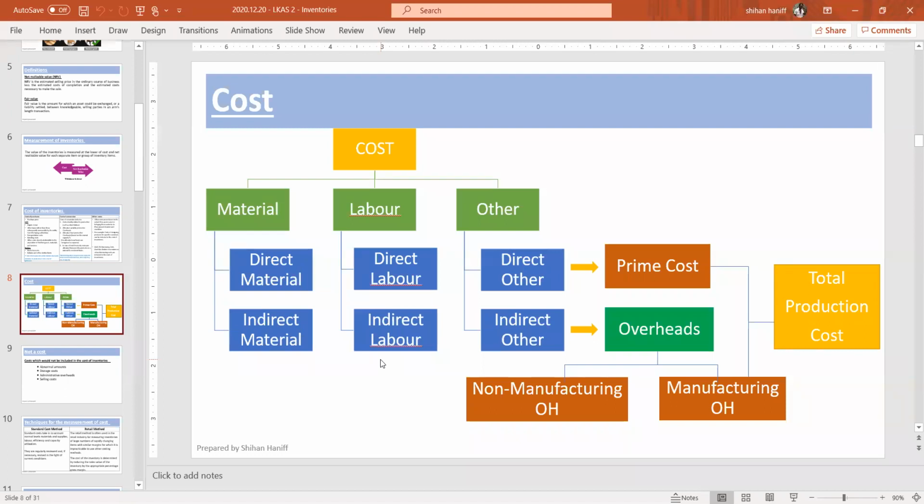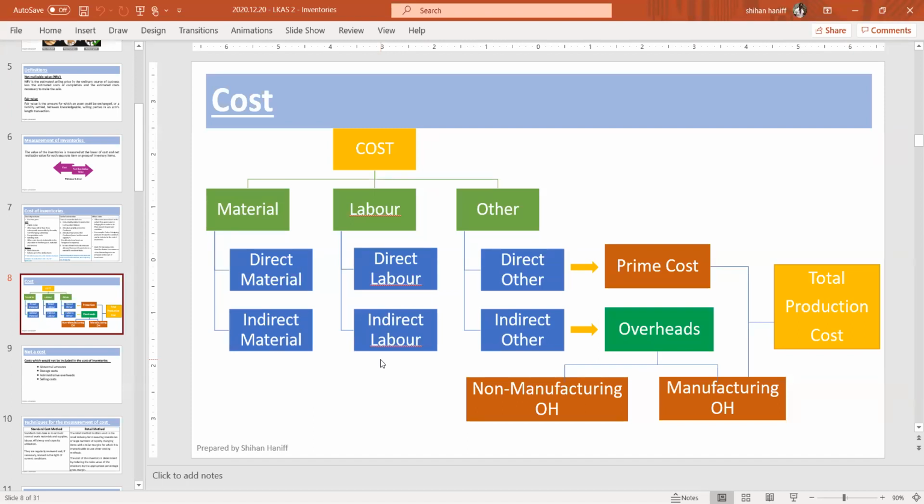When calculating the cost of sales, we have taken the purchases. So purchases is the main expense for a trading organization. But when it comes to manufacturing, production, the main expense of the business is the cost of production.